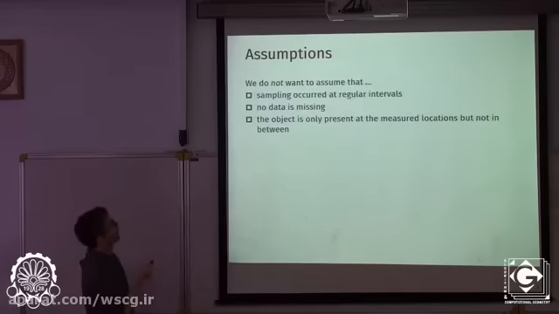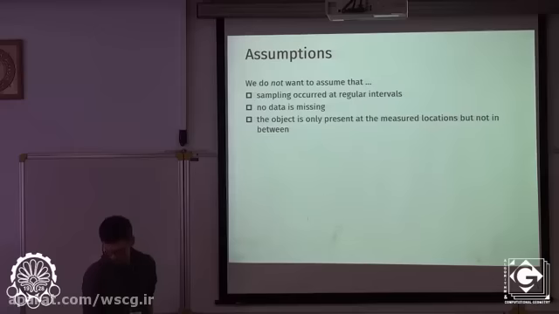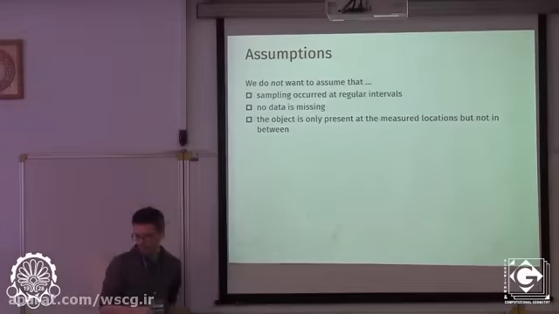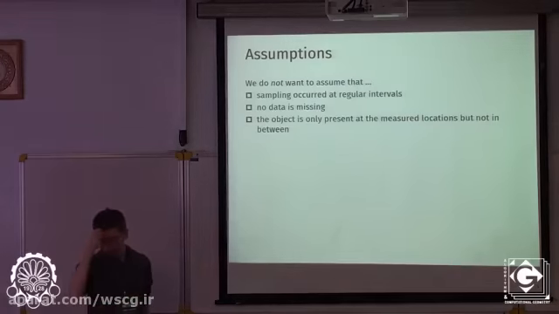Often regular, uniform sampling is assumed, but we will not want to make that assumption. We will also not want to make any assumptions about missing data, so we don't know anything about the trajectory in between.